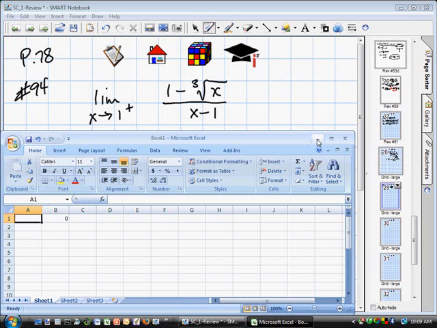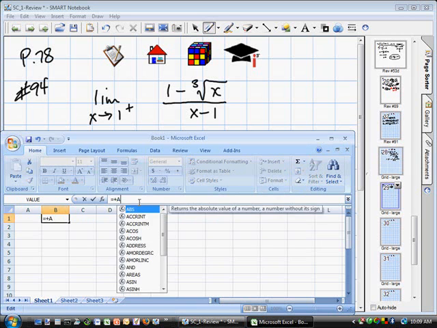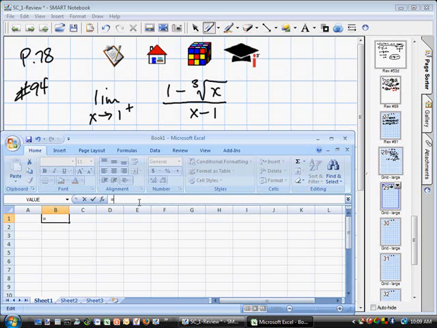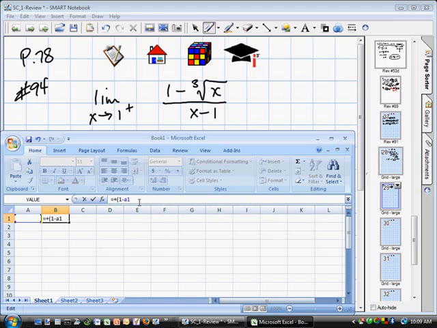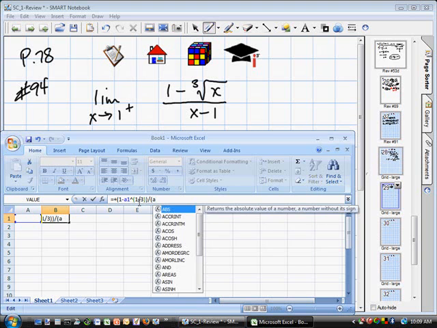Numerator: 1 minus what's in cell A1 to the 1/3 power, divided by parentheses, what's in cell A1 minus 1.